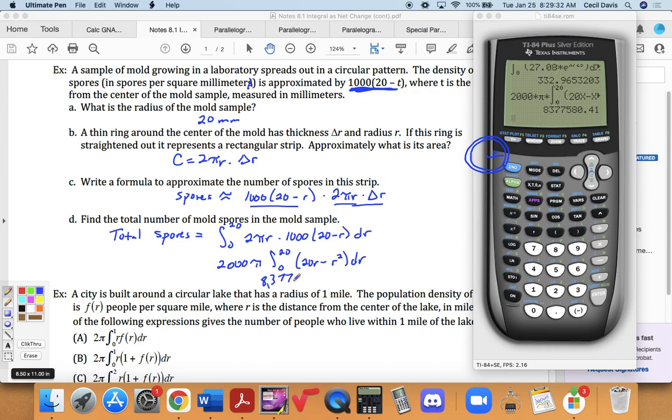Yep. Probably good for your health too. And that's 20 millimeters, so that's 2 centimeters. So the whole thing is about that big. Okay, any questions about that?